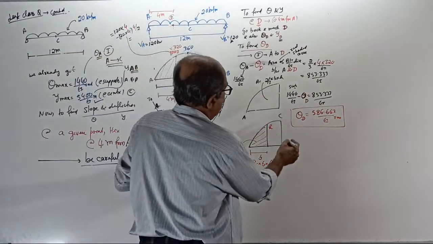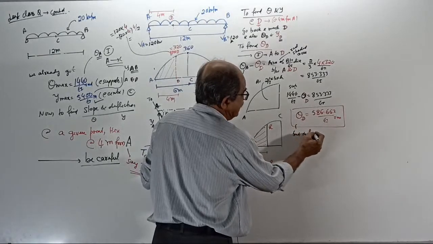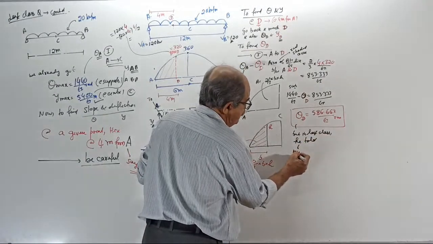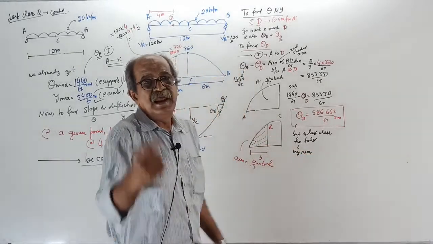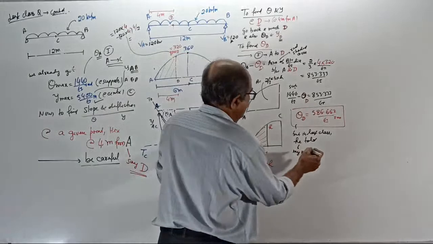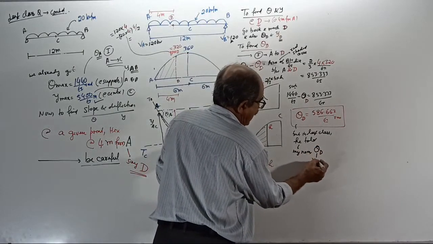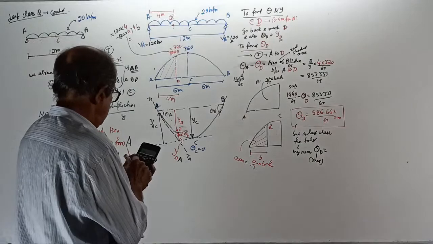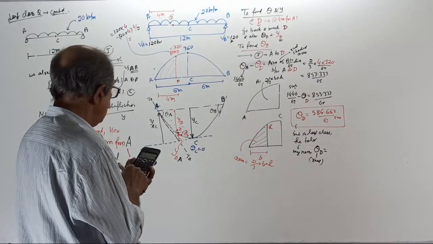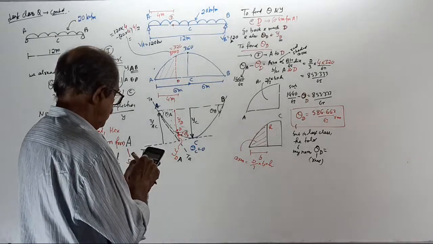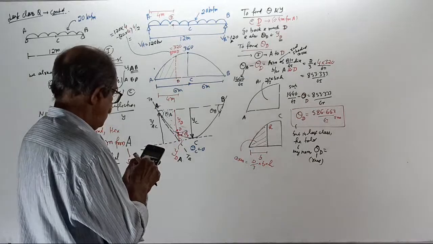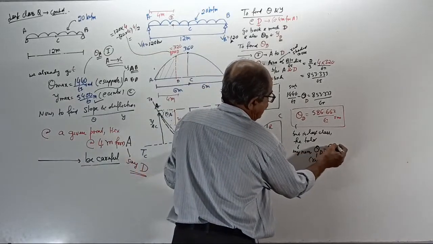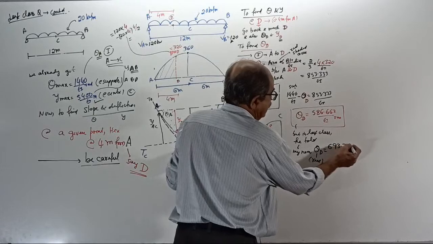But in the last class, I told that the real or actual theta D equals 693.333 by EI radian.